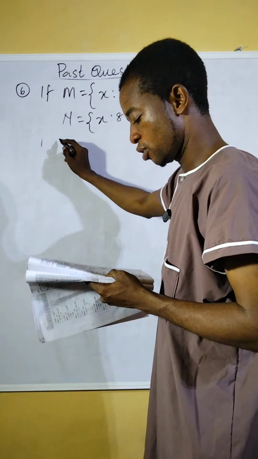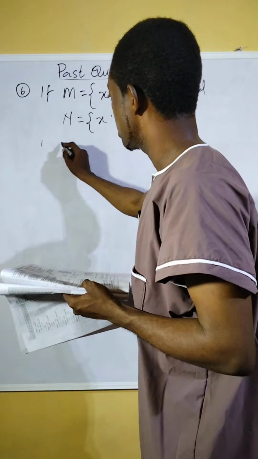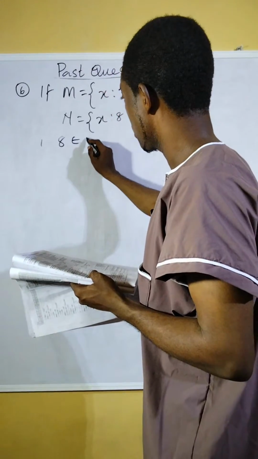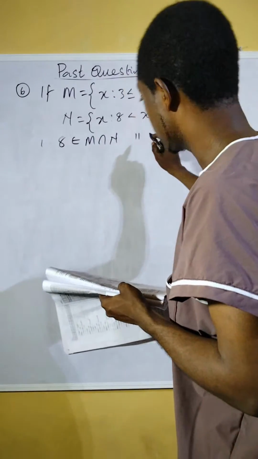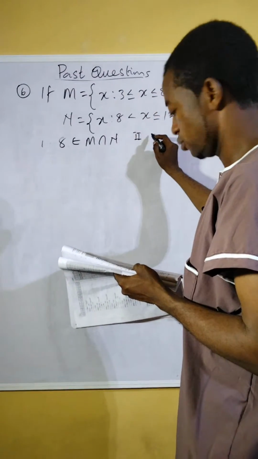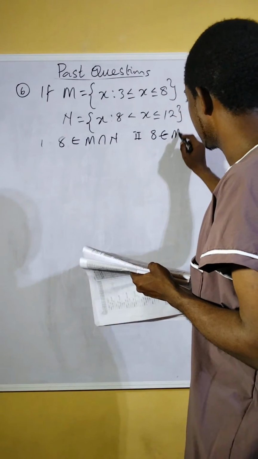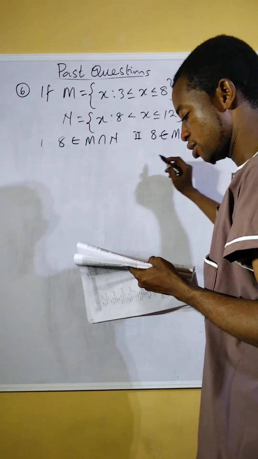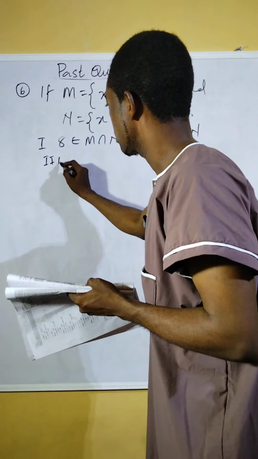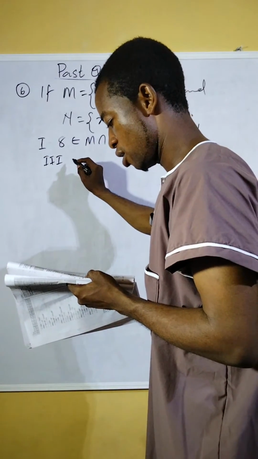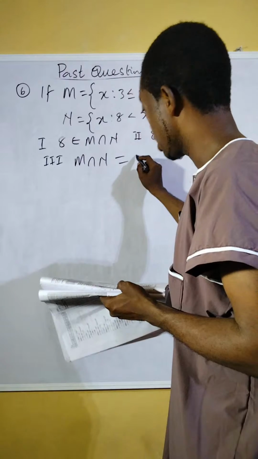One, we have 8 is a member of M intersection N. Two, we have 8 is a member of M union N. Three, M intersection N is an empty set.